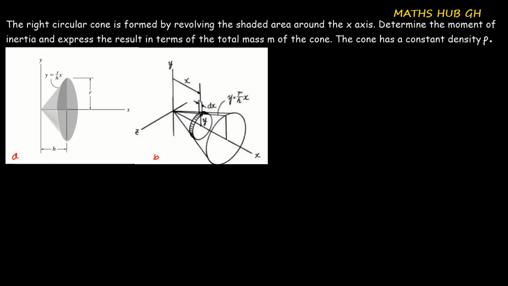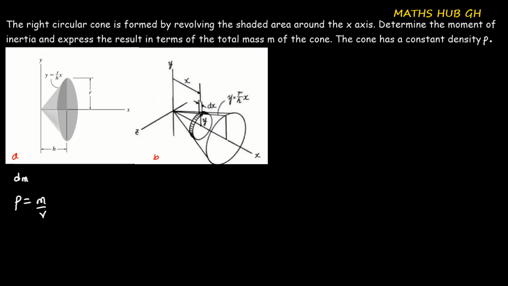Since the circular disc just forms part of the circular cone, we are going to consider the mass of this circular disc drawn here to be dm. From the formula, density equals mass over volume.